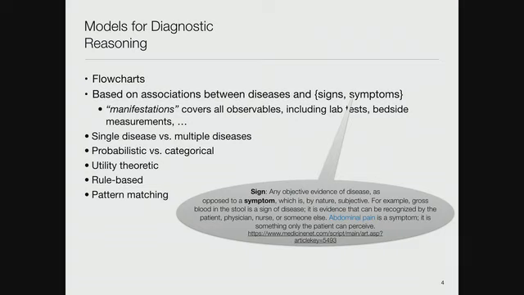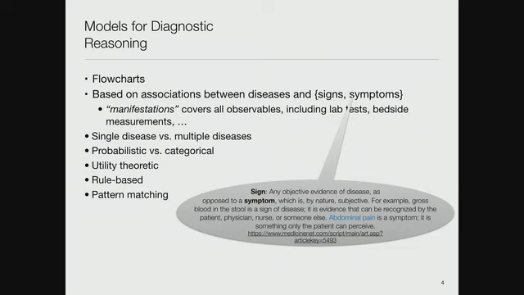So if you're feeling dizzy, then that's a symptom because it's not obvious to somebody outside you that you're dizzy or that you have a pain or such things. Normally we talk about manifestations or findings, which is sort of a super category of all the things that are determinable about a patient.